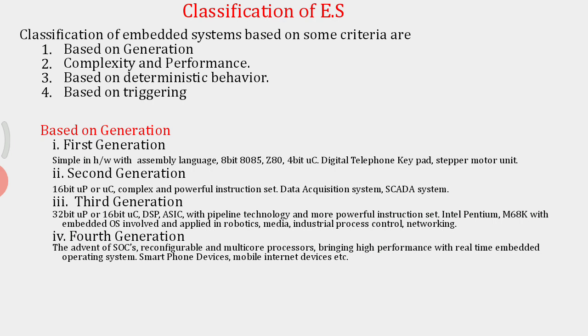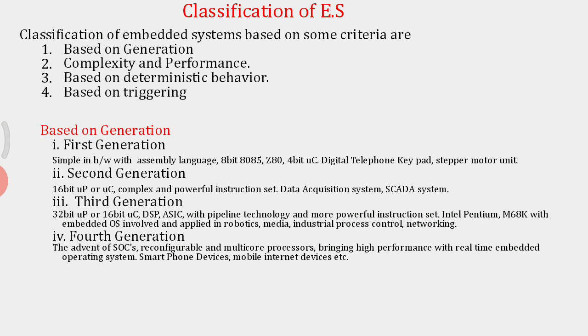The third generation embedded systems are based upon a 32-bit microprocessor or a 16-bit microcontroller. Then DSPs, digital signal processors, as well as application specific integrated circuits, ASICs, are also involved. Here it was developed with pipeline technology and a more powerful instruction set.